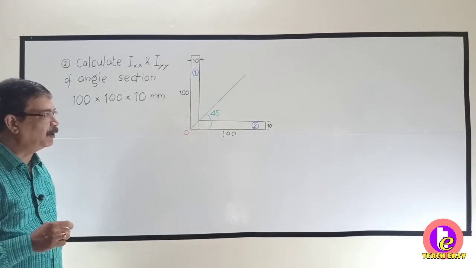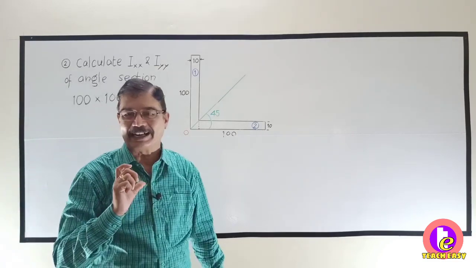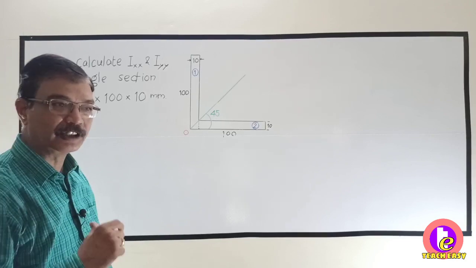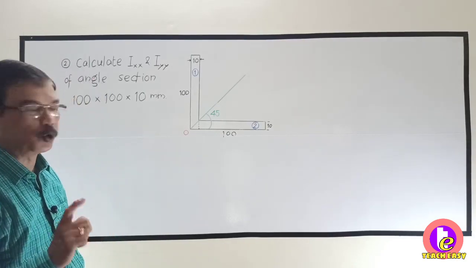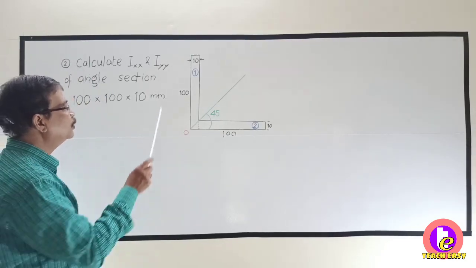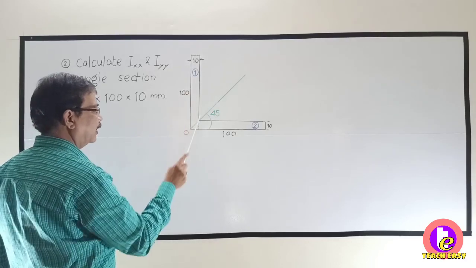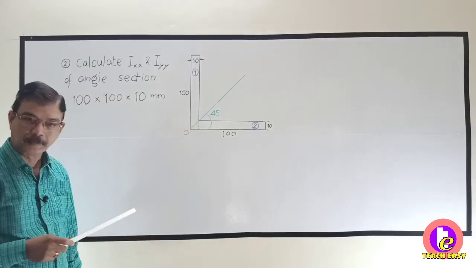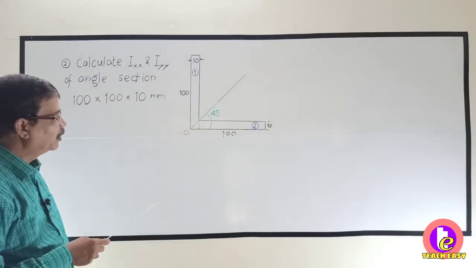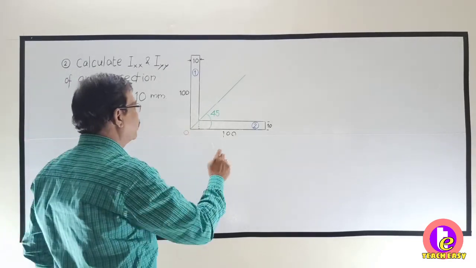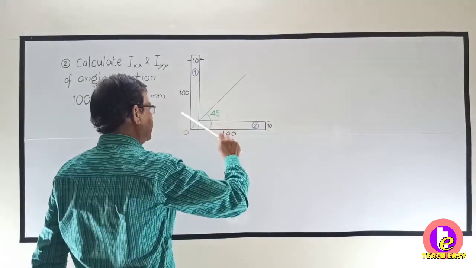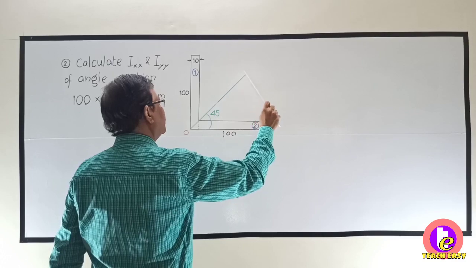This is a simple problem, so I will just give you the hint how to solve it. I will give you the answer and it is for you to calculate this at home. Now this is 100 by 10. This is another 100 by 10 leg. Now if you fold it, you will find that this figure will be folded about this axis.